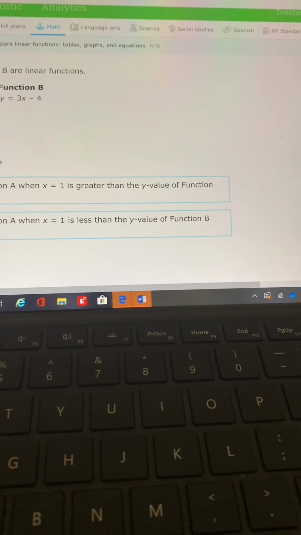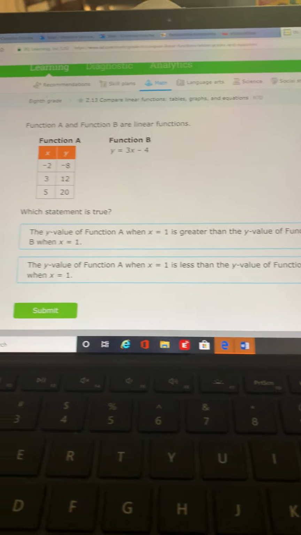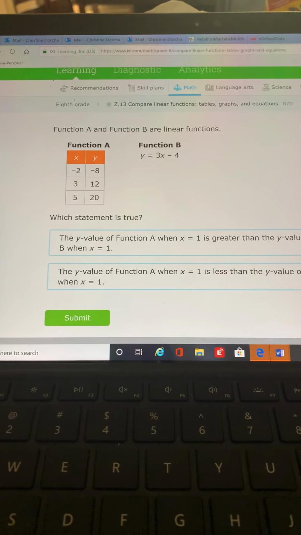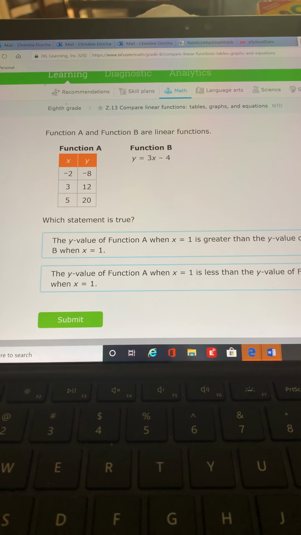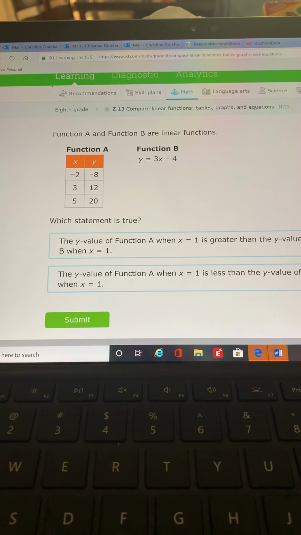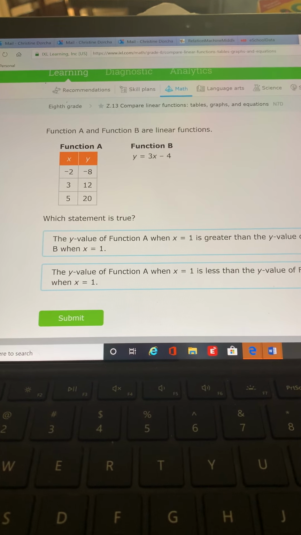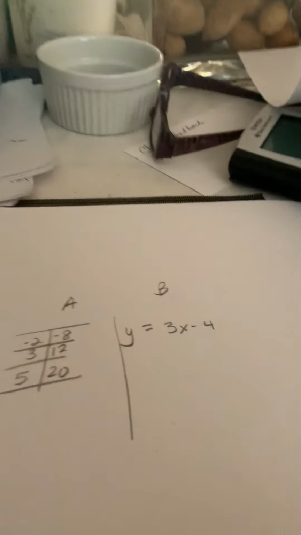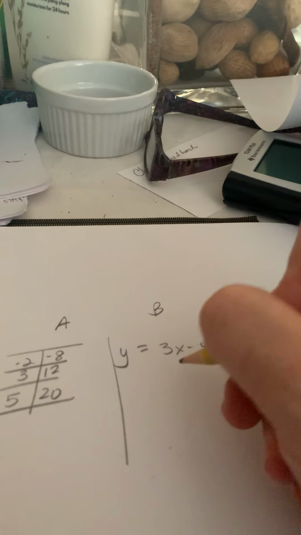So for the function y equals 3x minus 4, that's function B. And function A is just giving you a series of points in a chart. So we'll do negative 2, negative 8, 3 and 12, and 5, 20. And they want to know what happens when x is 1.